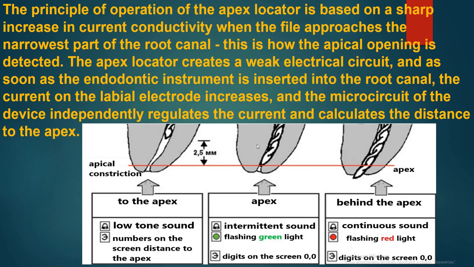When we go to the apex with the apex locator, we hear an intermediate sound, see a flashing green light, and the screen shows 0.0. If we go beyond the apex, we hear a continuous sound, see a flashing red light and the screen shows 0.0.